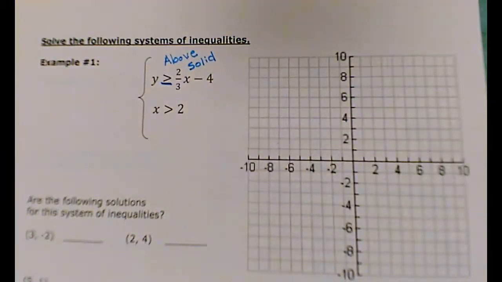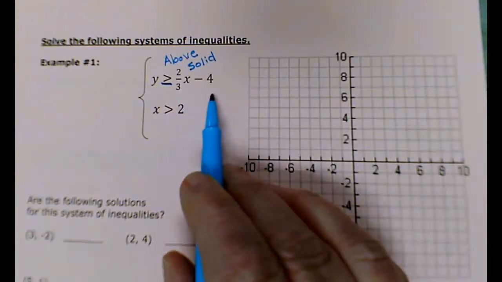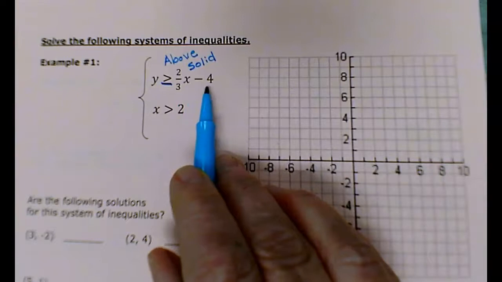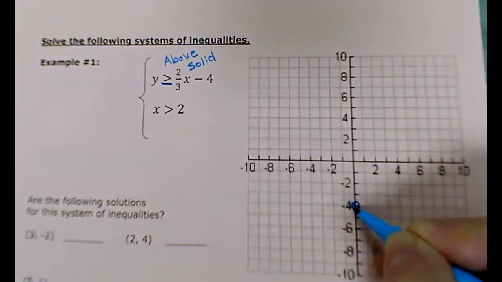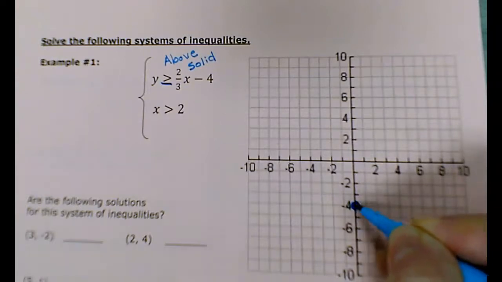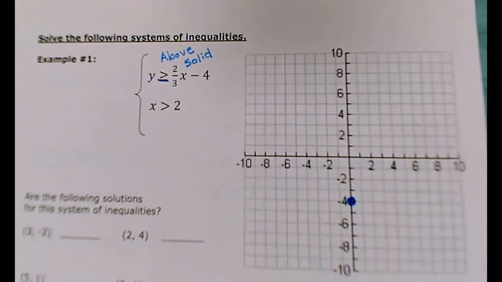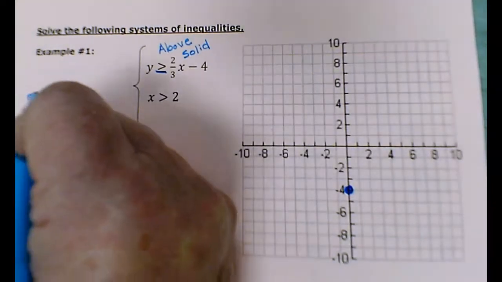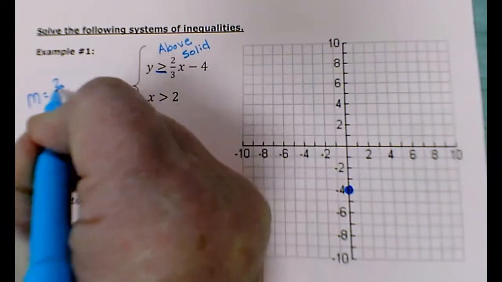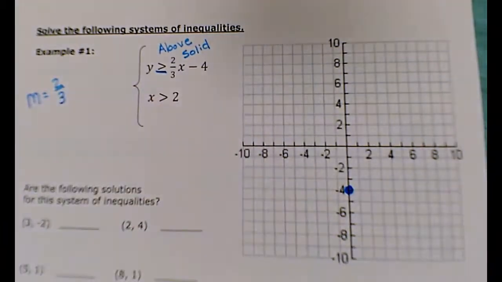Do you remember how to graph? Over here on my graph paper, on the y-axis, I'm going to start my graph at -4 on the y-intercept. My slope is positive 2/3.